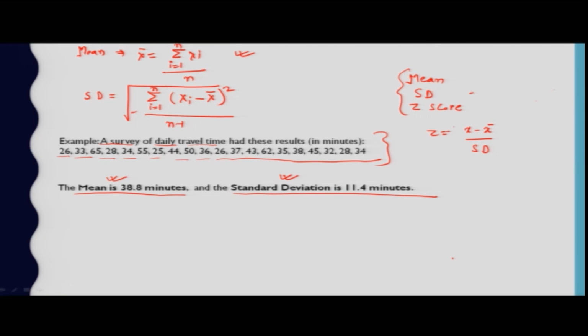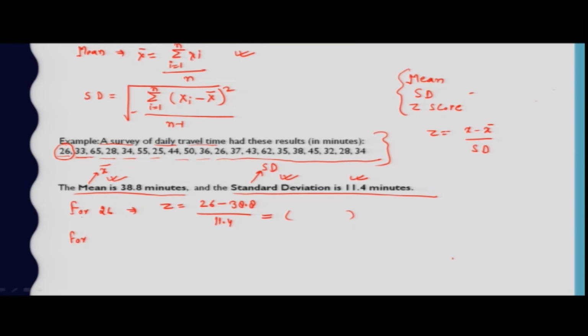So, for each particular value we have to calculate the z score individually. For let us say 26, z will be 26 minus the mean, where x bar is 38.8, upon the standard deviation, which has come out as 11.4. That will be some value.